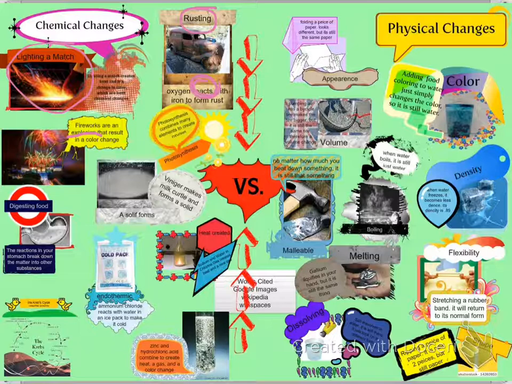We said digesting food. It's breaking bonds. It's making new things. Vinegar, this is spelled wrong, but it makes milk curdle and forms a solid, so it's making something new. It's going to be chemical. An instant cold pack, this is a type of reaction.